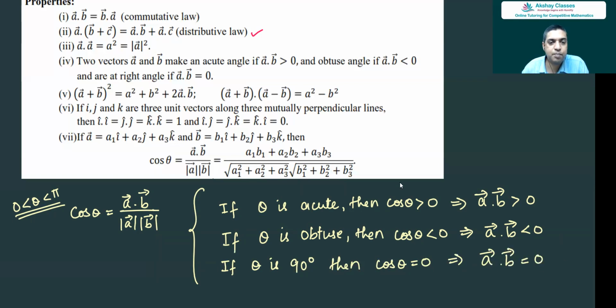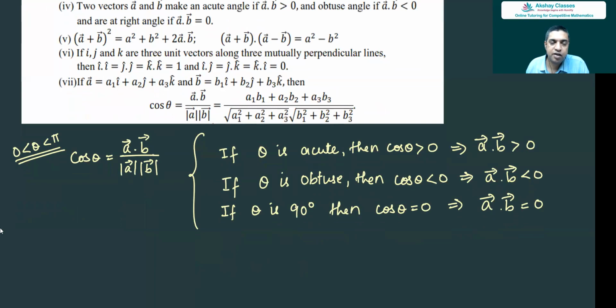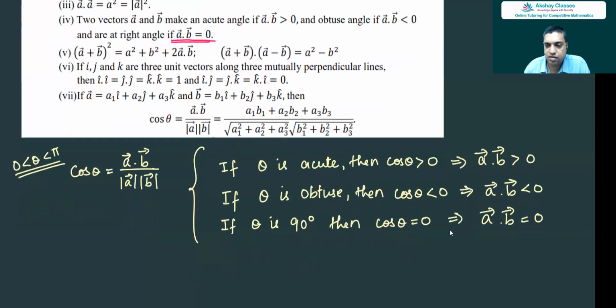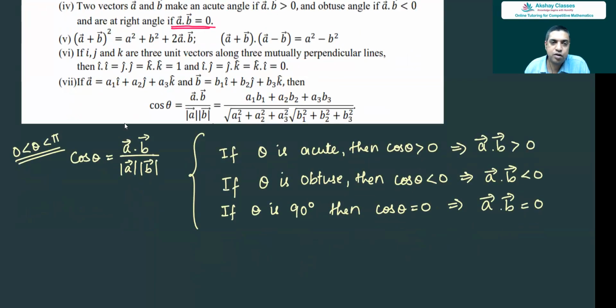So this is a very important property. A dot B is equal to 0 if the two vectors are perpendicular to each other. For two perpendicular vectors, their dot product will be 0.